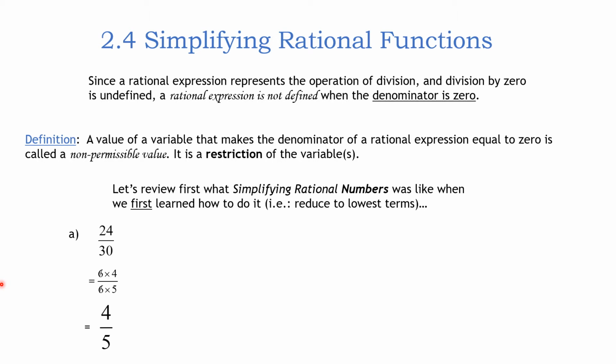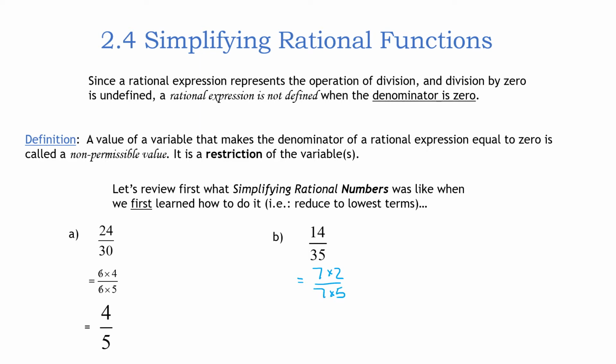That is the exact same process we're going to use today, except we have variables now, but we're still going to be following that process of creating factors. So 14 over 35, let's try it again. How could I write that with factors that would cancel out? Well, 14 is 7 times 2, and 35 is 7 times 5.